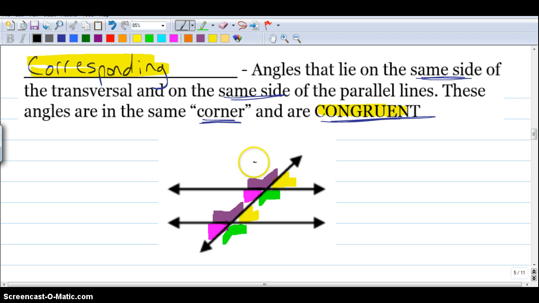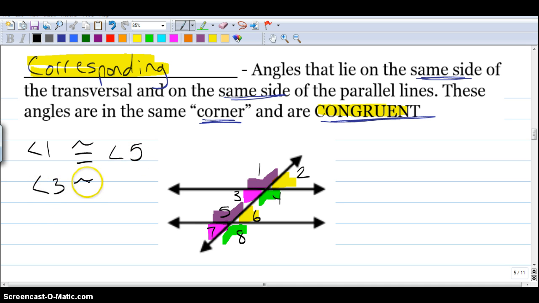And just to make it easy, I'm going to put numbers here so you understand. Right? So angle 1 is congruent to angle 5. That's the symbol for congruent.